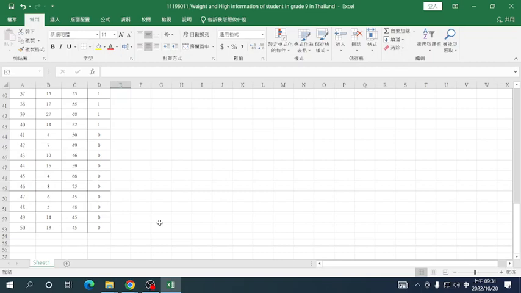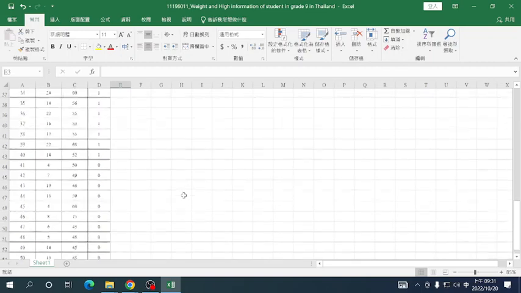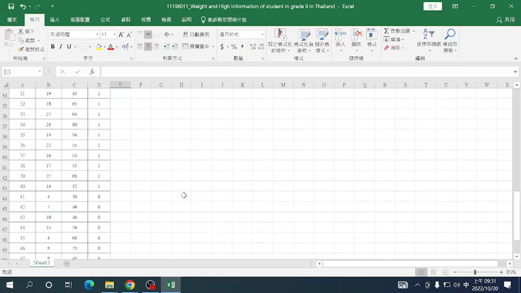Okay, and I need two sets of measurement, right? One is in centimeters and kilograms. The other one is in inches and pounds. You need to have two data sets. So what's the other one?